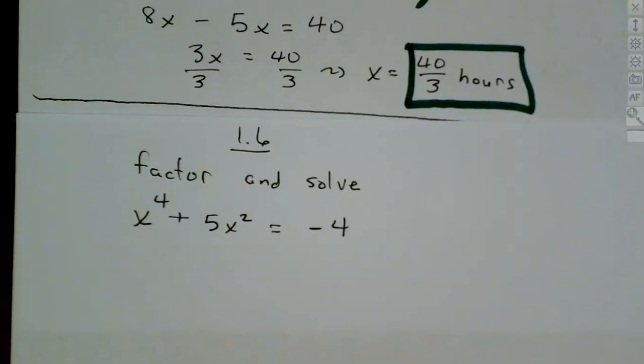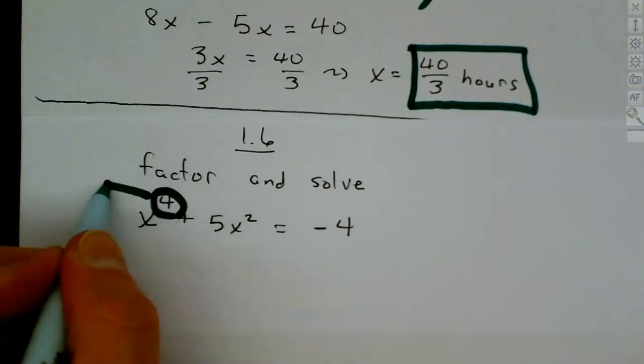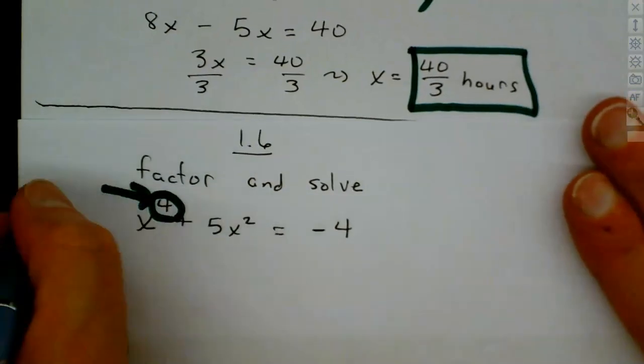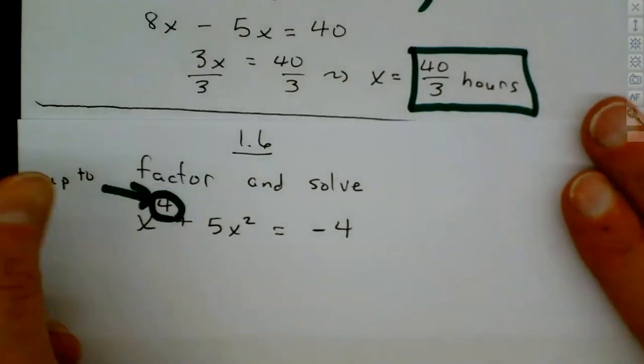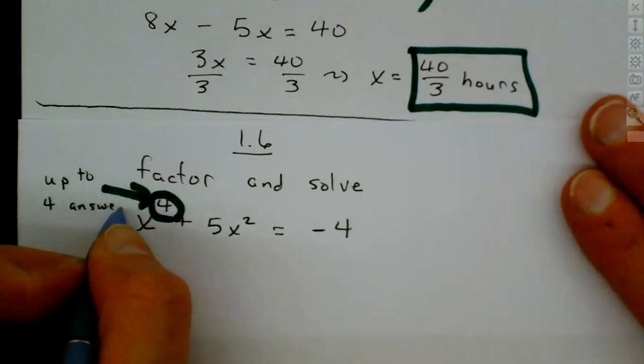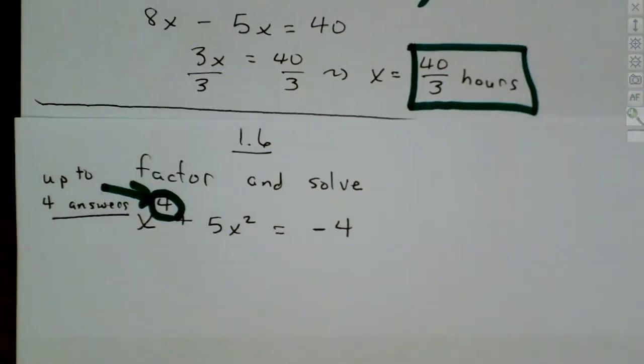If this was x squared, what would you do? You would set it equal to 0, right? You would solve it by factoring, and it's very easy to factor. This one is an x to the 4th. So an x to the 4th tells me that I have up to 4 solutions.